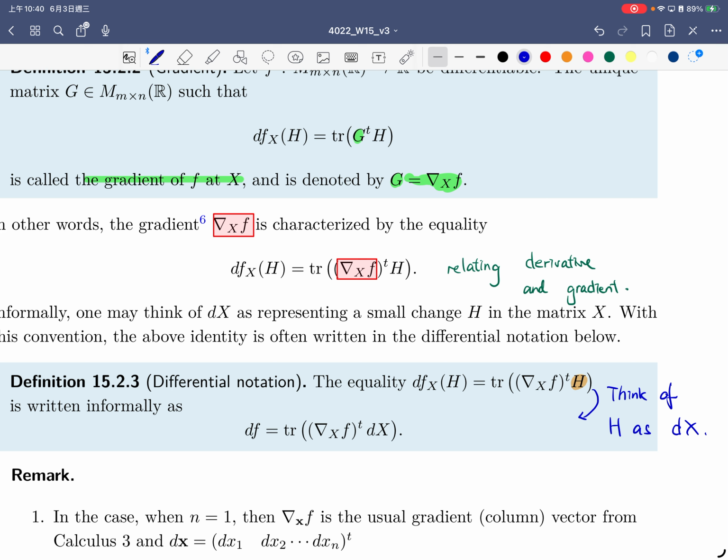And it's not math, it's just a lazy way to write down the fundamental equation relating the derivative and gradient. And we write it as df equals the trace of the transpose of the gradient and then dx. So it's just a lazy way to remember this, okay? There's no mathematical content in writing this notation. But then it's notation-wise a bit less heavy.